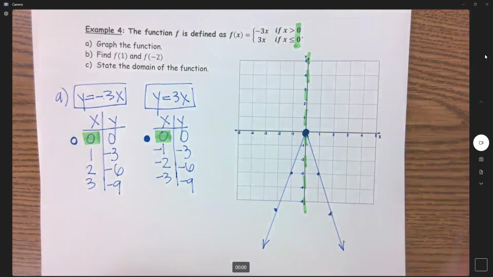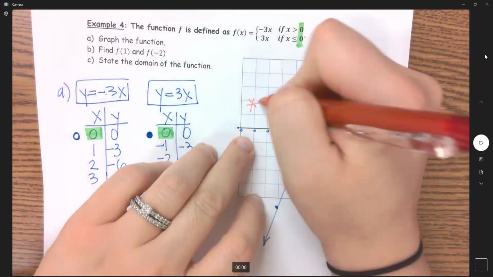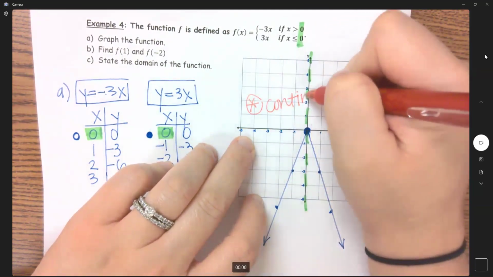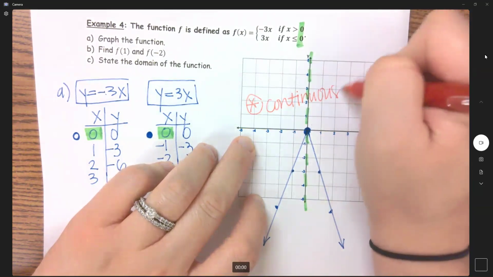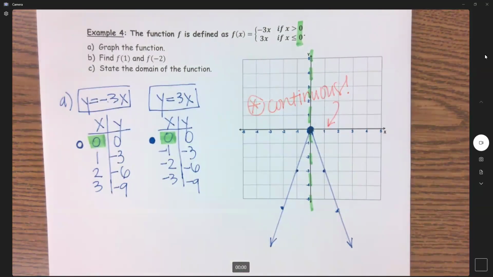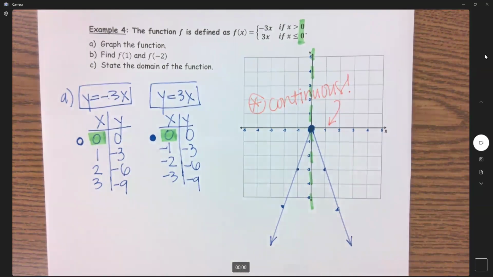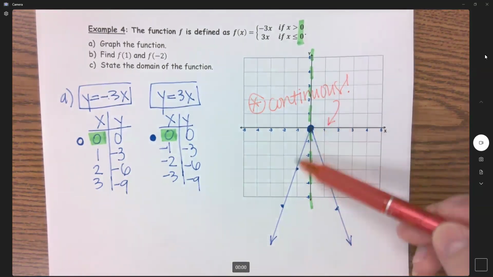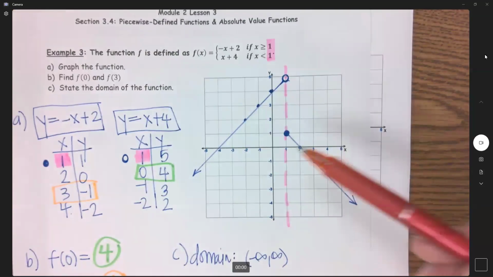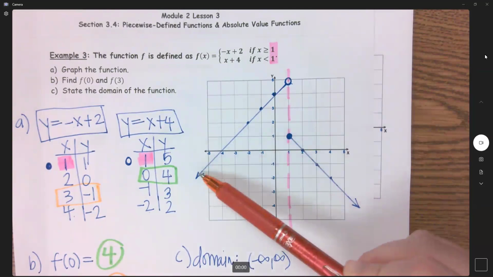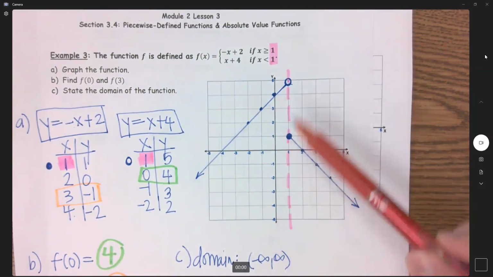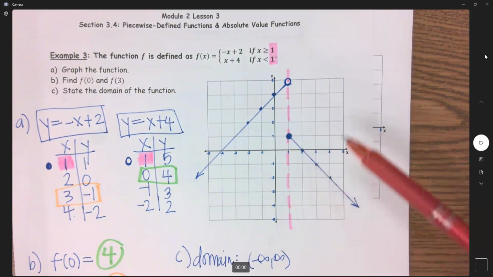This right here is not a question you're going to be asked, but I'm still going to put this, and you can choose to include it or not include it in your notes. This right here is considered a continuous function because these two sides connect. On this other one, this is not considered continuous because you cannot draw this graph without picking up your pencil.